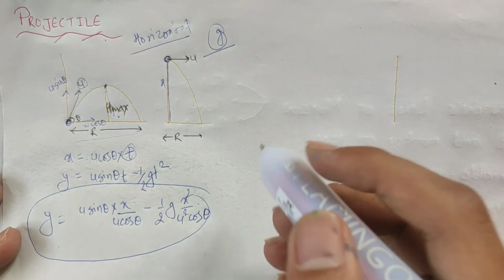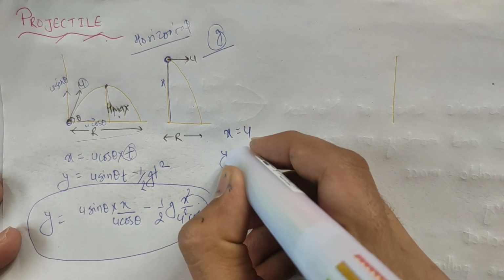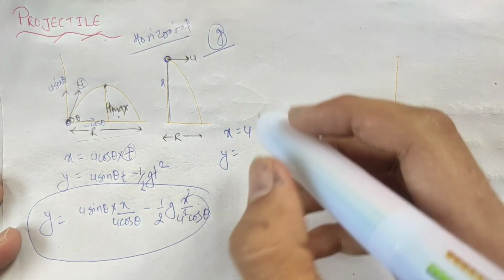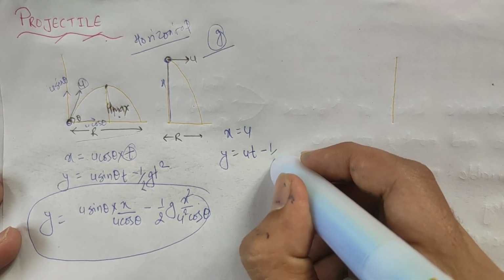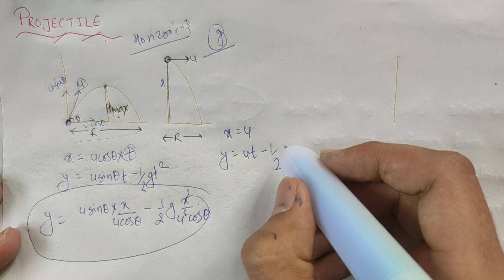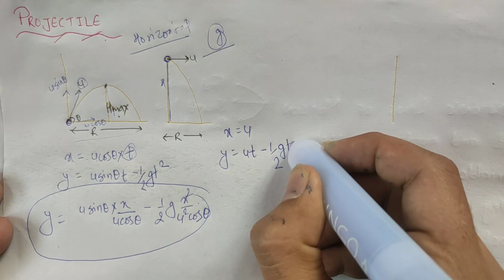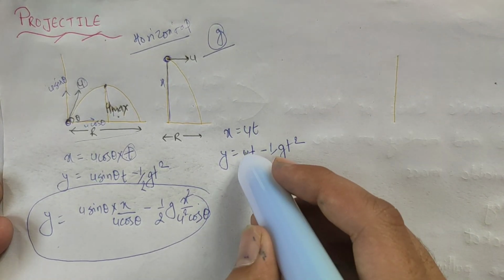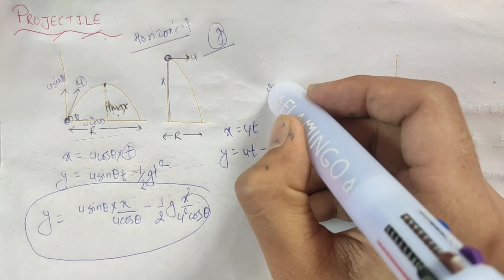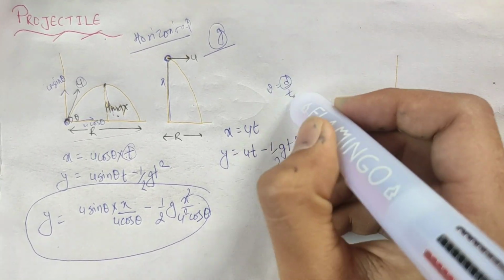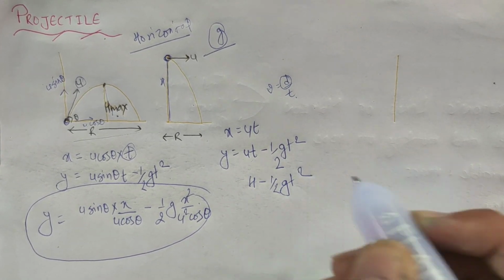Similarly, in the case of this, the x component is u and the y component is u into t minus half g t square. Here the distance is h, and velocity is distance traveled by time taken, so distance is equal to velocity into time, so it will be h minus half g t square.